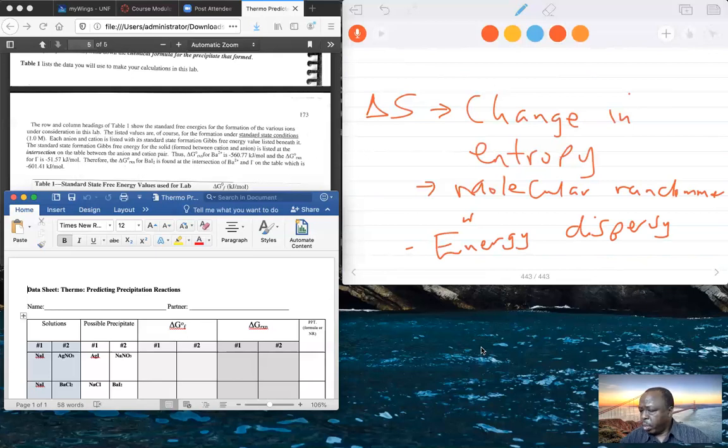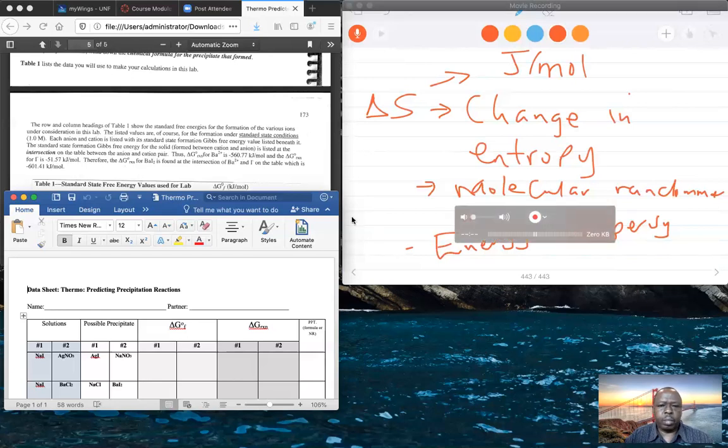With this, the unit is given in joules per mole. In all general chemistry texts, the units are always given in joules.